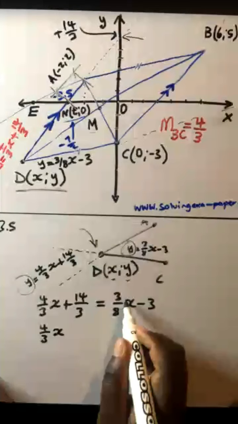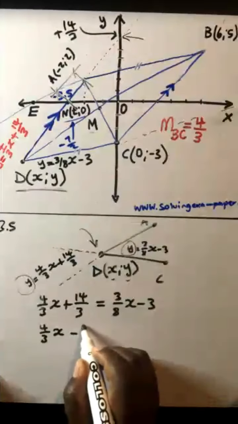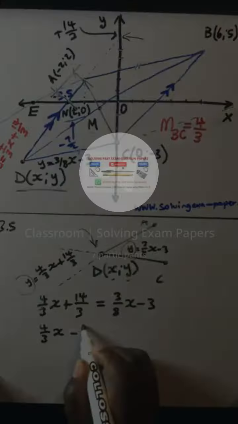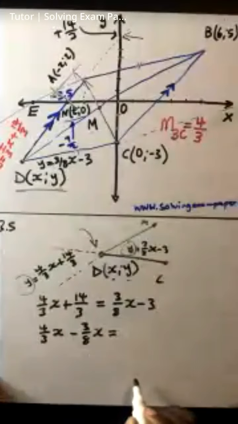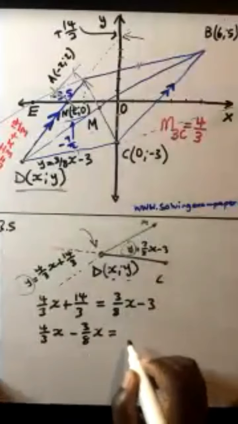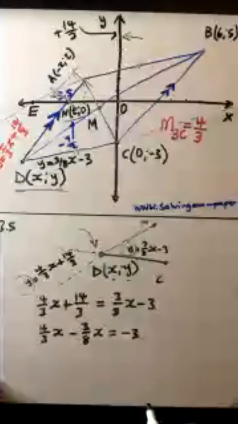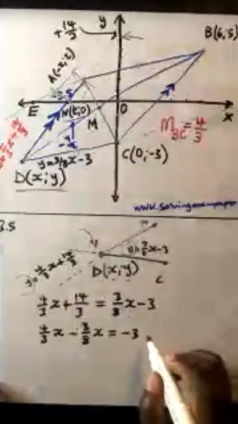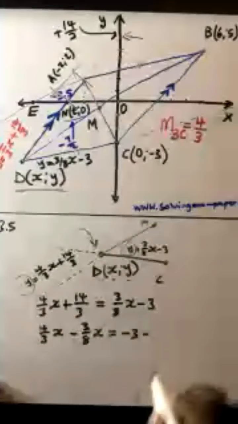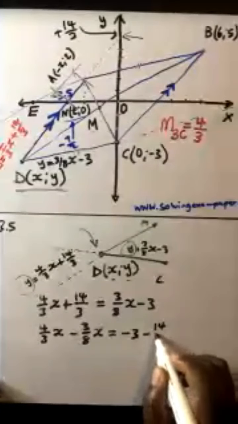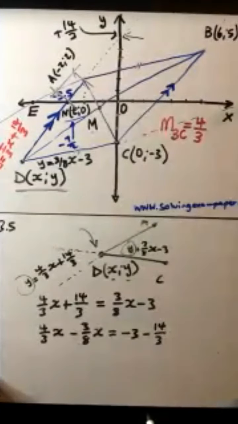Let's move this to the left. Obviously, it changes a sign. It becomes minus 3 over 8x. This is equals to, remember, on the right, we want to have the numbers. Let's move all of these numbers to the other side. Remember, when you transpose, it changes a sign.